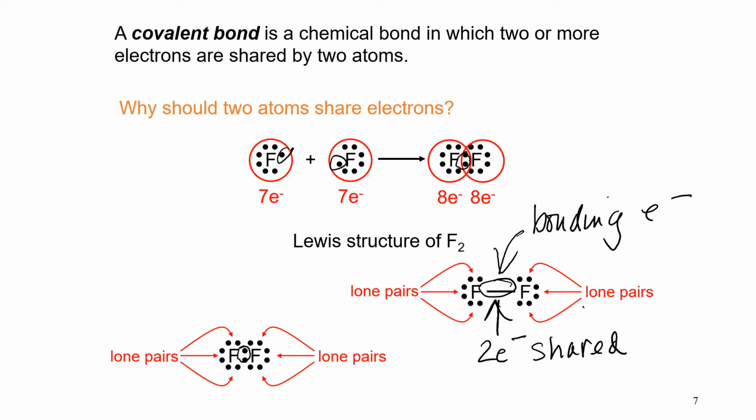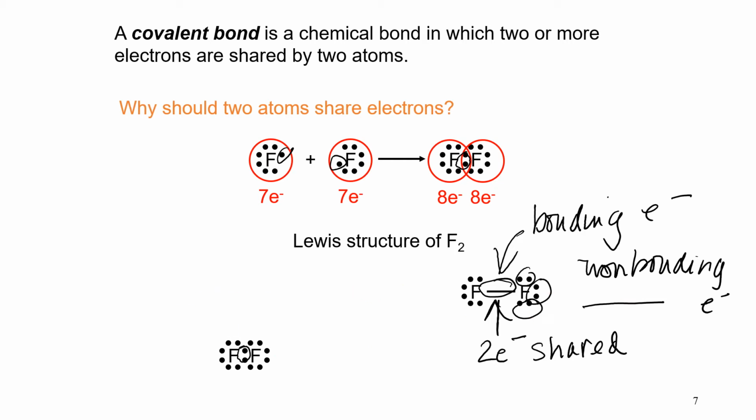And we either call these non-bonding electrons or lone pairs. Both, you might hear me say both of those terms. Either non-bonding electrons or lone pairs of electrons. And that, of course, is a single covalent bond.